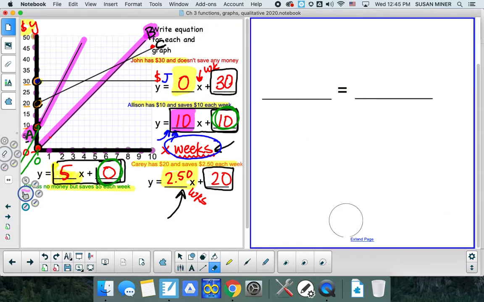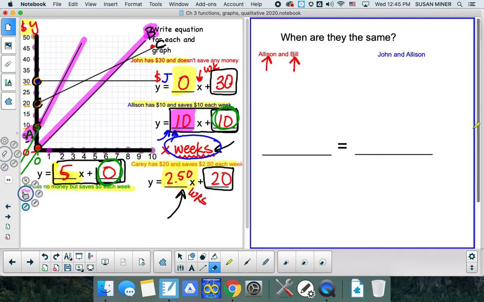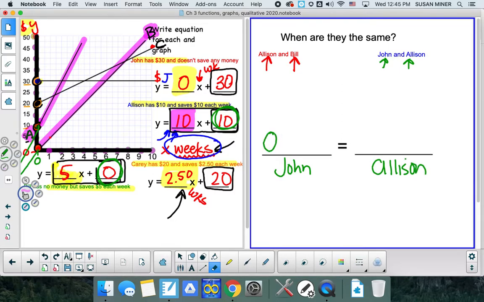Okay, so this time we're going to compare John and Allison. John is going to be over here in this box, and Allison is going to be over here in this box. John is saving $0.